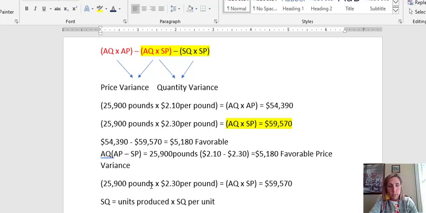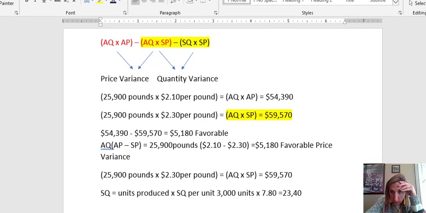So you have to take the 3,000 units given in the problem on part B and multiply it by 7.8, and that will give you your SQ. So you have a little extra math always on the SQ. 23,400 is the standard quantity of pounds that I could have used.